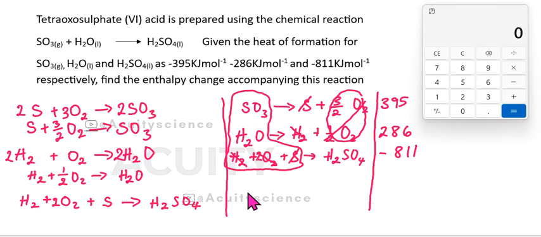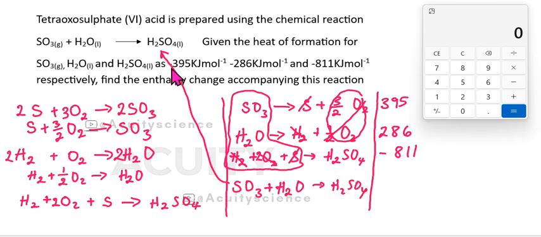So we are left with SO3 plus H2O to give H2SO4. And it matches the description in the question. It means we did a good job. Now we can go ahead and add this. So let's add.